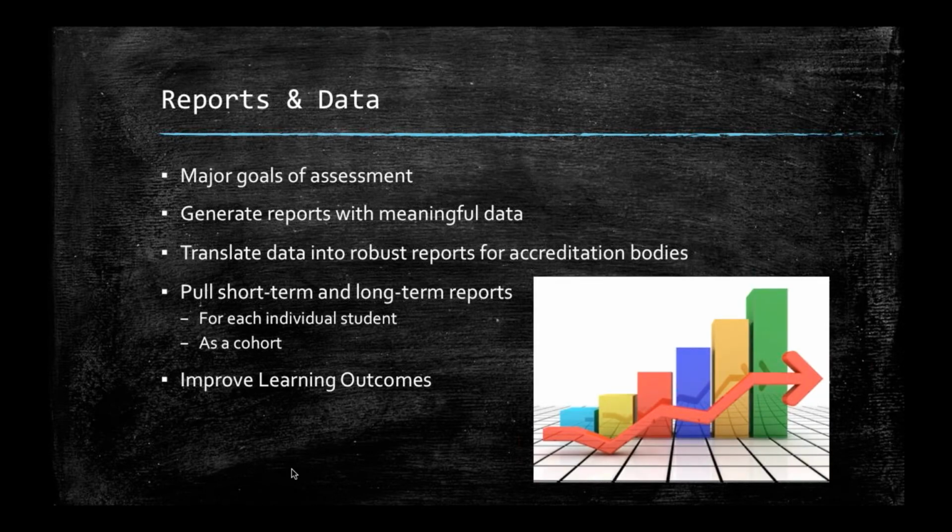As many of you know, one of the major goals of assessment is being able to generate meaningful data and reports. Much of the data through Examsoft can be formulated into reports to give for accreditation purposes or institutional outcomes assessment. Something I found interesting is being able to compare students in a cohort and also looking at a student individually to see where he or she excels or shows some weakness.